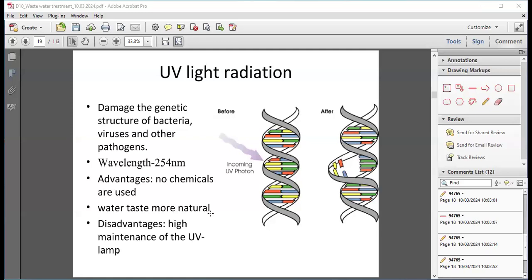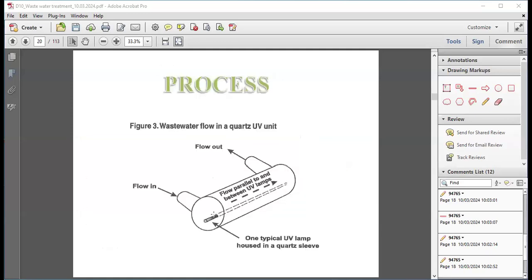Ultraviolet, right? It's the process: wastewater flowing towards the UV unit. One typical UV lamp is housed in a sleeve, and the flow is parallel to the UV lamp.